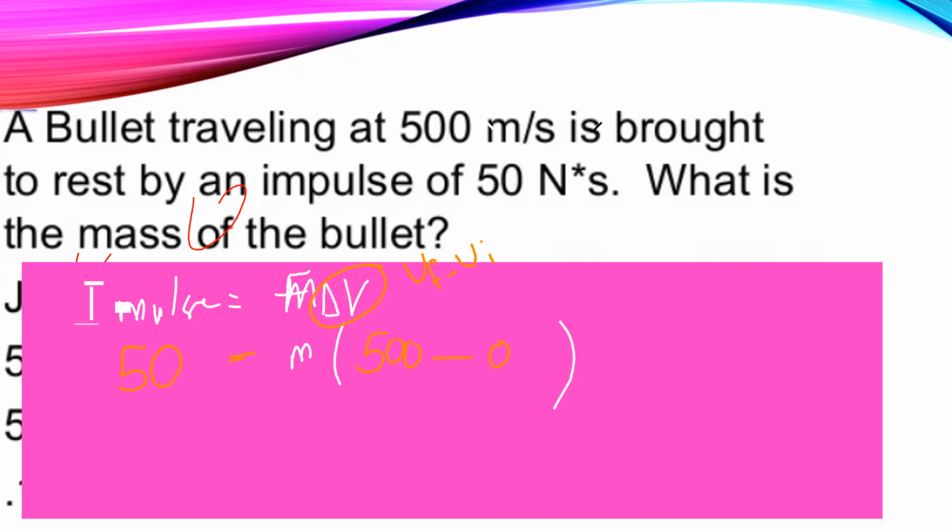So m times 500 is 50. So what will the mass be? Divide by 500, which is 0.1 kilogram. Teacher, V final, isn't it 0? Yes, but the change must be positive, so you make it 500 minus 0. Okay.